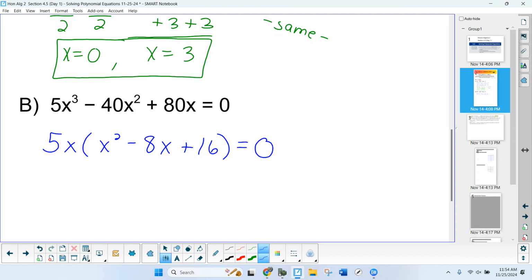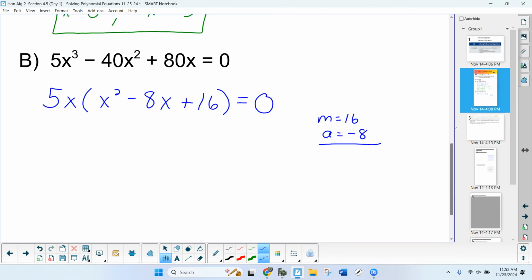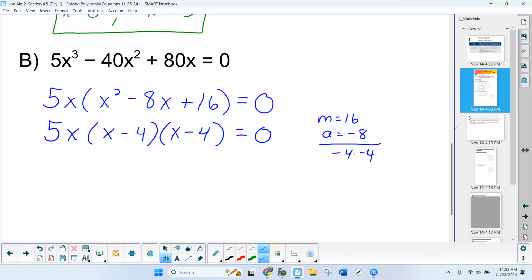What question do you ask yourself? What multiplies to give you 16 and adds to give you negative 8? Negative 4 and negative 4 multiply to give you 16 and add to give you negative 8. So what does this factor into? And then what? Okay. Now be careful.